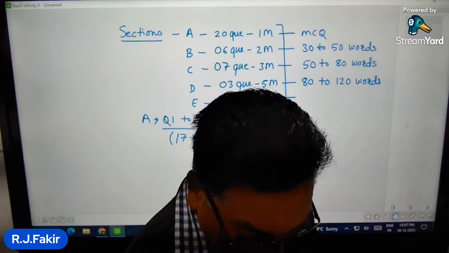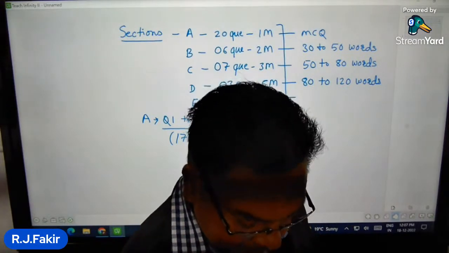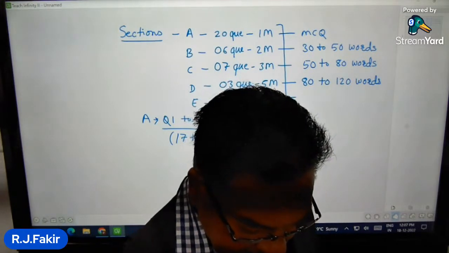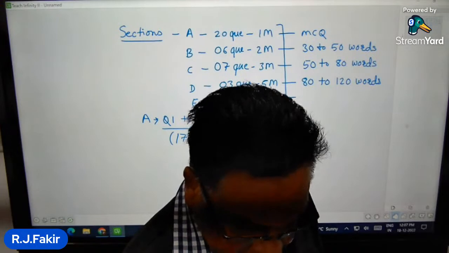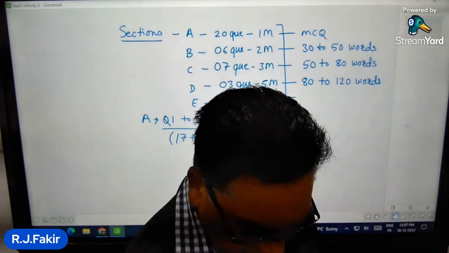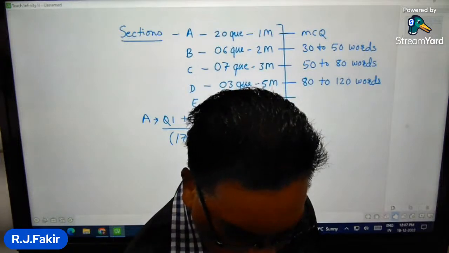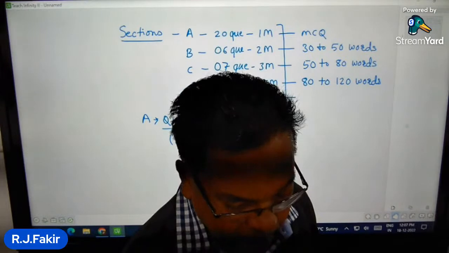The first option generally is A and R are true and R is the correct explanation of A. The B choice is both A and R are true and R is not the correct explanation of A. Then the C option is A is true but R is false. And the D option is A is false but R is true.